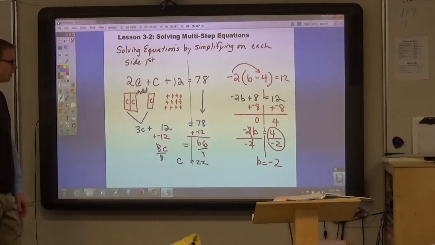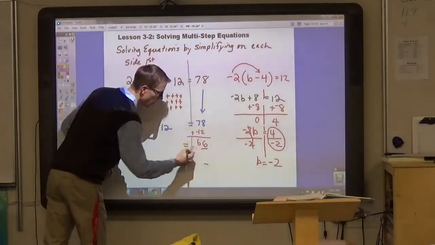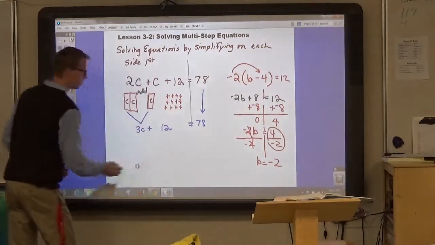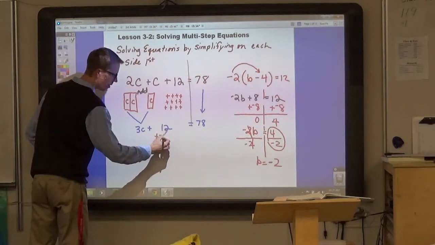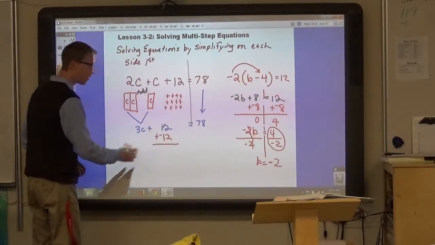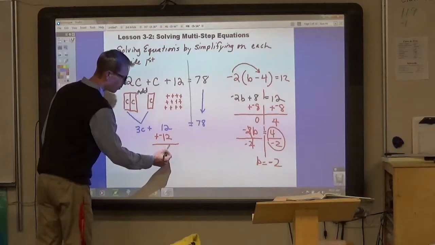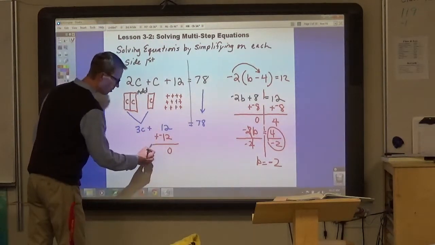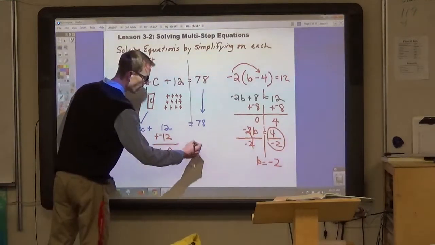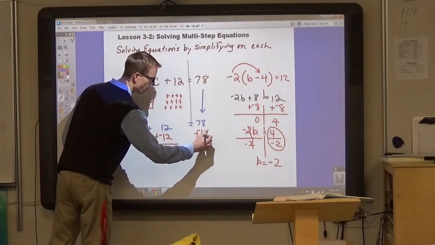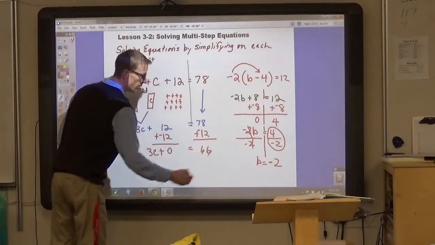And now we can solve it. We do the same procedure as before. Let's look at solving this one. If you have 3c plus 12, you add negative 12, and you want to start on the side with the variable to get the variable by itself. Add negative 12 so that we have 0 plus 3c, and on the other side we have to add negative 12, and we get 66, right?